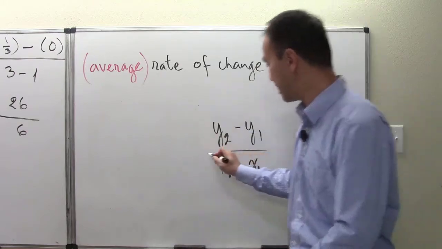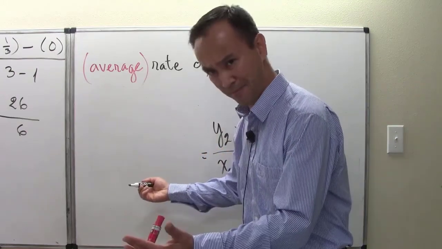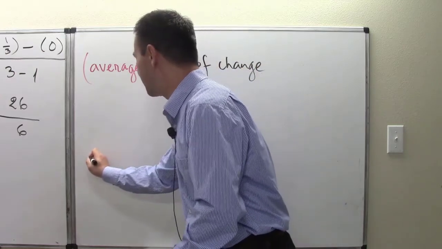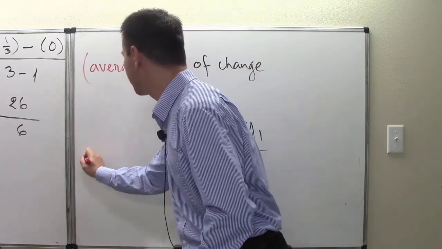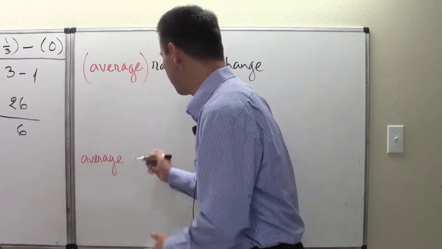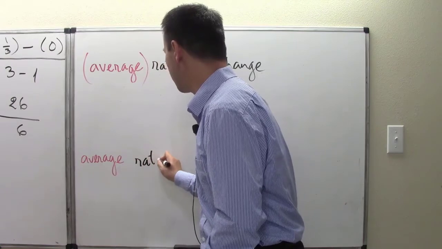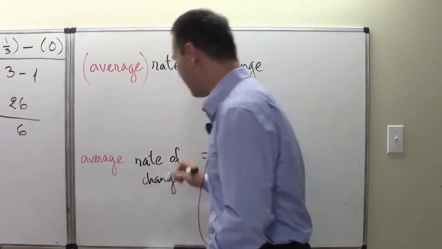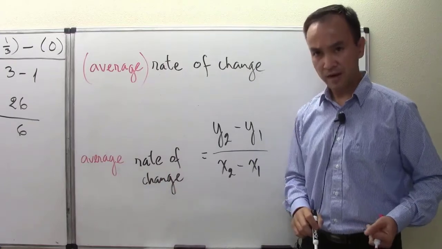That rate of change right here, the precise name is called the average rate of change. Okay, it's called the average rate of change.